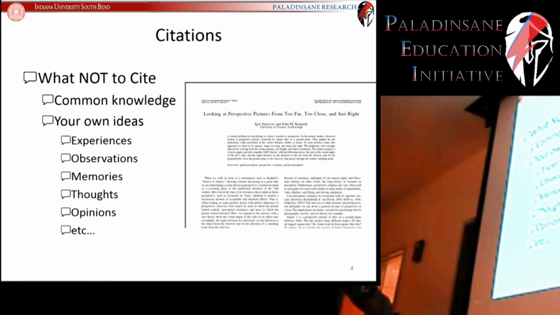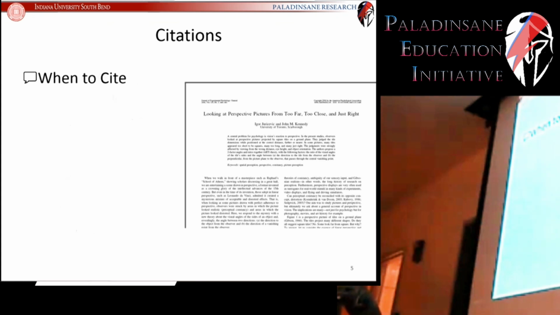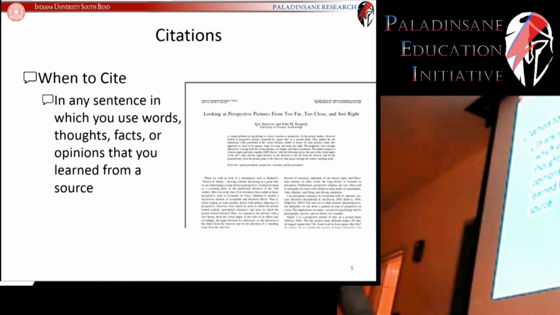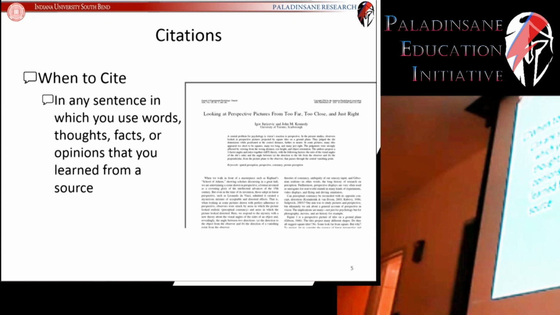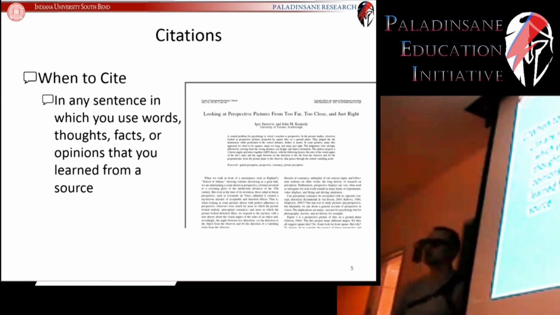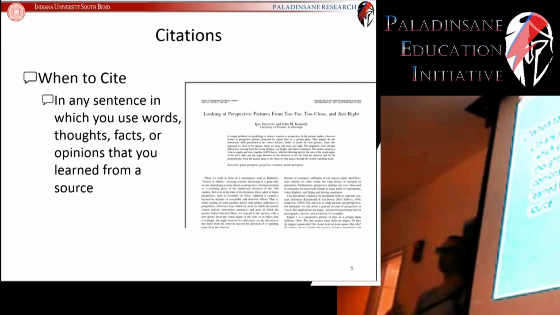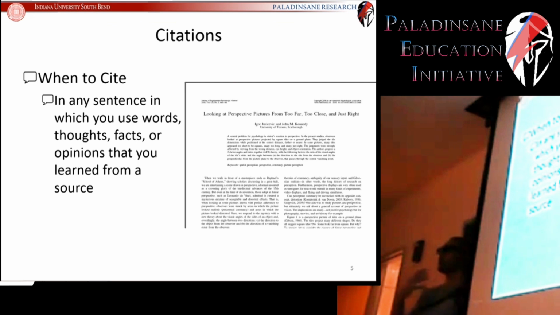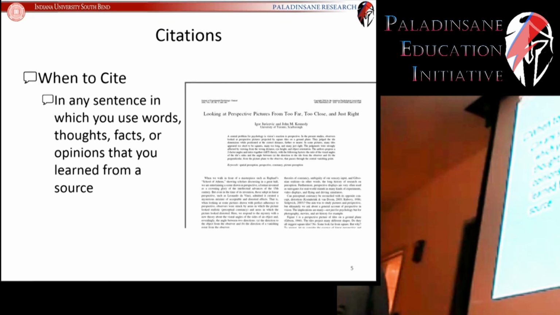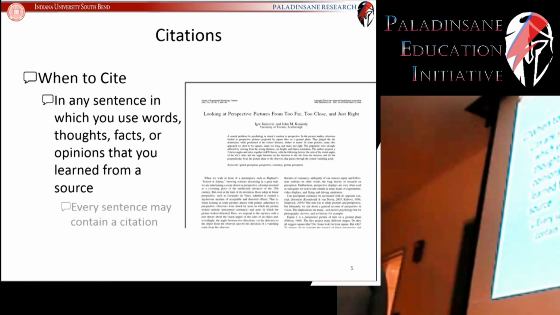All right, so that's what to cite and what not to cite. In terms of when to cite, you want to cite any sentence in which you use those words, those thoughts, those facts, those opinions, those non-common knowledge that came from other people's work. You want to do that in any sentence that you write where you use that source.